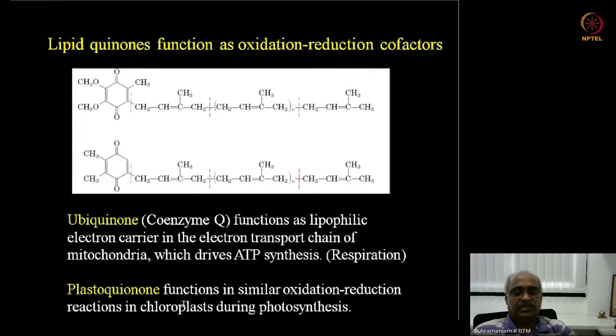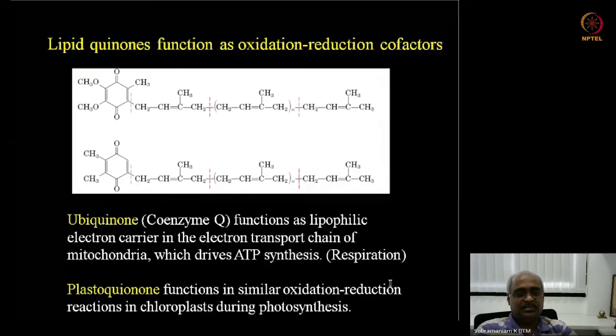So then, remember our title said pigments that are important, and here we see pigments. These function as cofactors. These are actually important in the electron transport chain in the chloroplast, if it is photosynthesis, or if it is the regular respiration in the mitochondria.